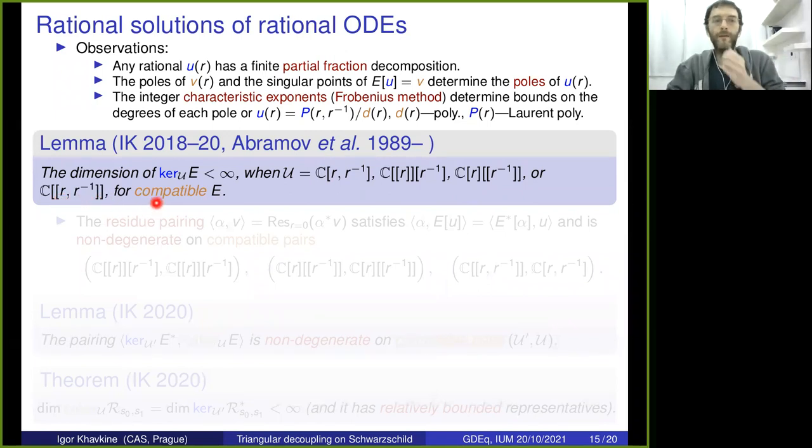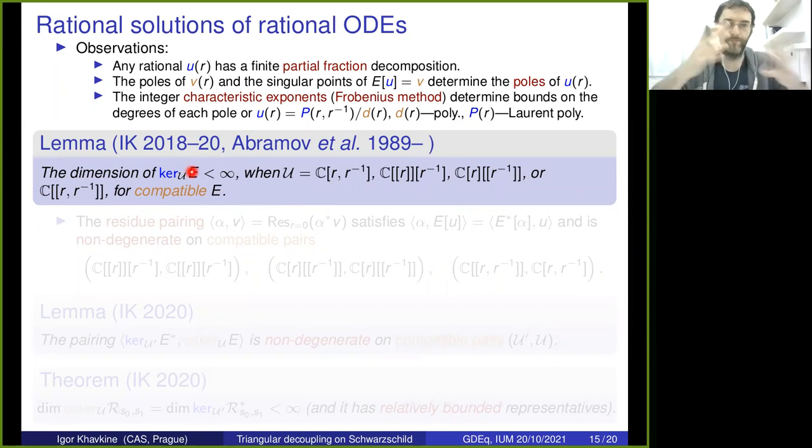In each case, the differential operator that we're dealing with should be compatible, so it should be possible to act with it on the corresponding space. For example, if you want to act on the space of unbounded Laurent series, then the coefficients of the operator must be bounded Laurent polynomials.